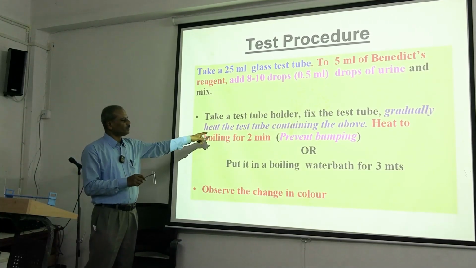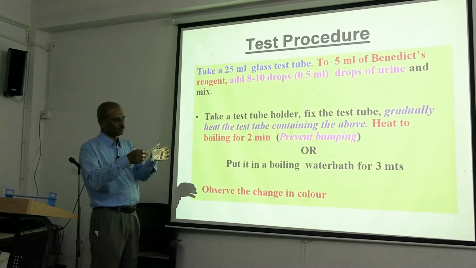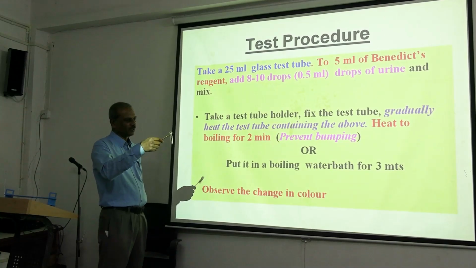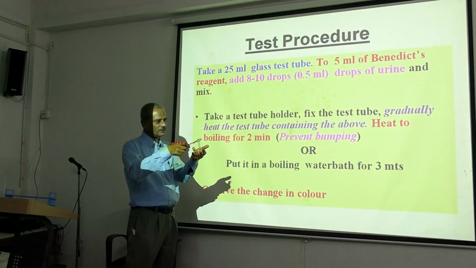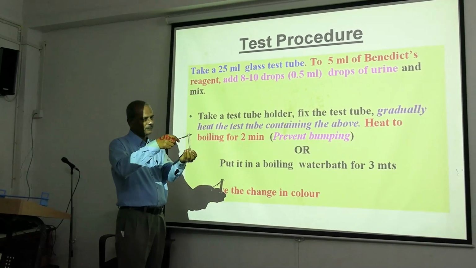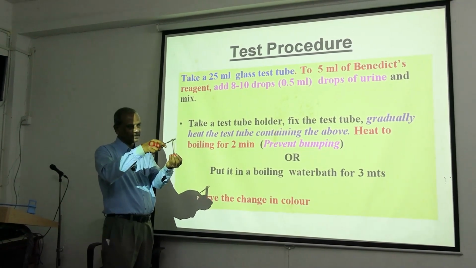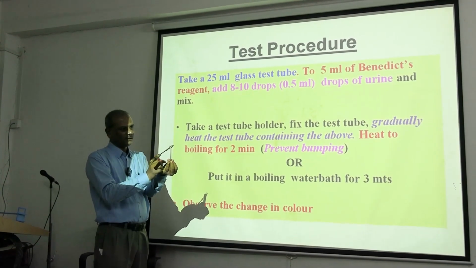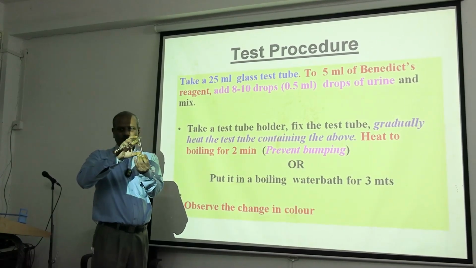Gradually heat the test tube containing the solution. Why gradually? Because that solution is very thick. From the top, heat it and shake it so that the hot solution gets mixed with the lower part. If you heat it from the lower end, the solution is very thick, so it will warm up and try to come to the top, and the top solution is cool.